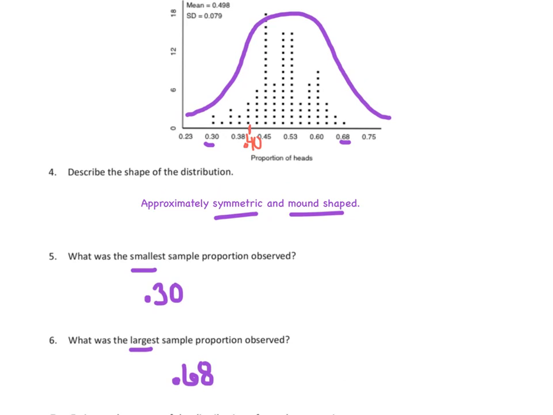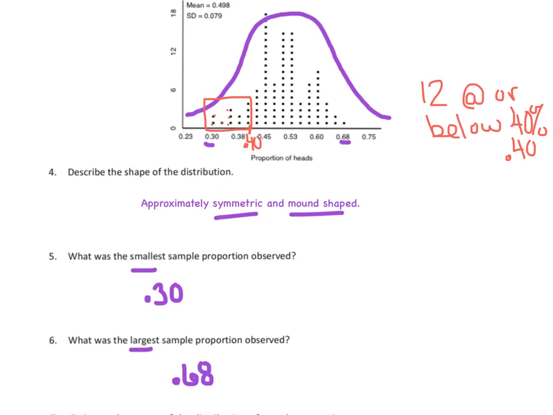Now what you'll notice is, let's count up all the dots within this neighborhood right here. 1, 2, 3, 4, 5, 6, 7, 8, 9, 10, 11, 12. There are 12 different proportions that were either at or below 40%, or I could just say 0.4 for my proportion.